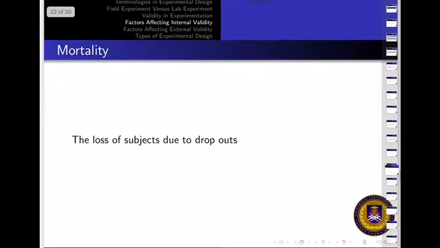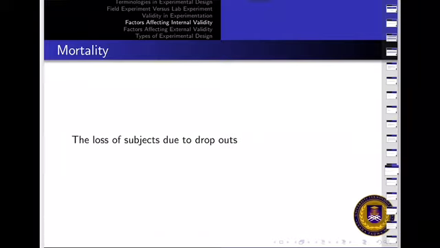Okay, mortality, the loss of subjects due to dropouts. Sometimes, especially if you do repeated measures or what we call a retrospective study, where you need to take the measurement repeatedly, it means every day you have to take readings. Let's say you want to look at blood pressure readings for 1 year, every day.